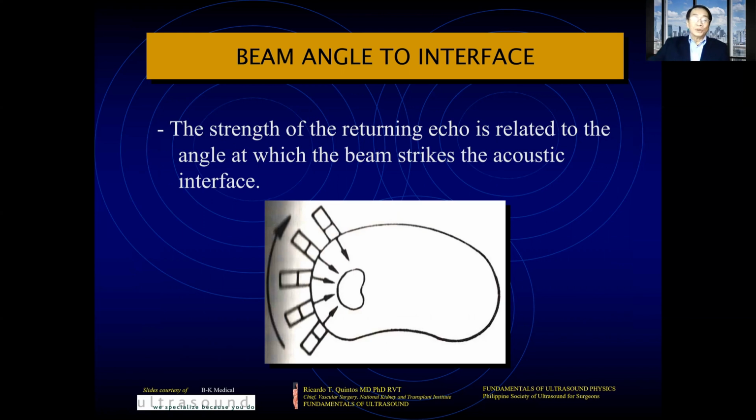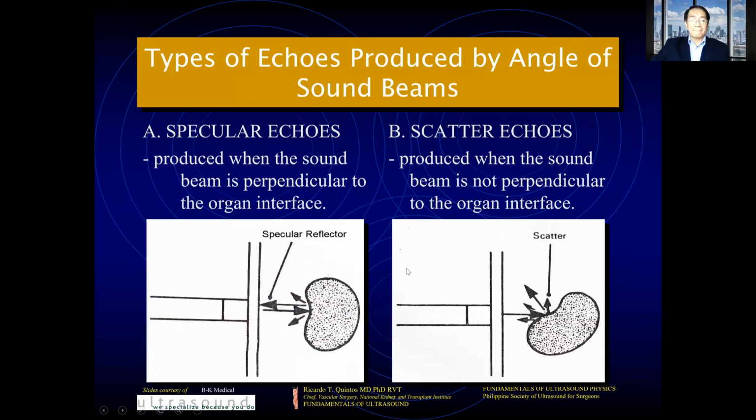So you want to orient your ultrasound probe, as much as possible, in a perpendicular location to your organ of interest. So if this is the surface of your organ of interest, you want to position your probe such that the beam is nearly perpendicular to the surface of the organ of interest, so that you will have strong echoes coming back.